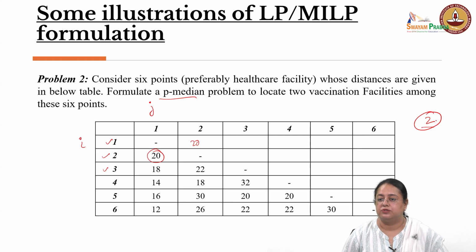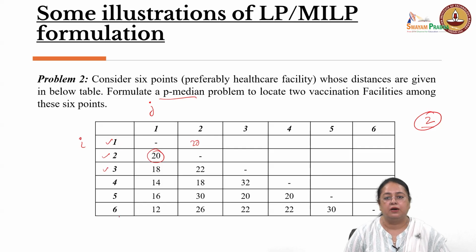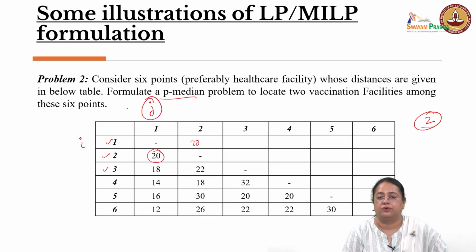That will tell us where to locate the facility so that other facilities can be connected to it, or can be accessible to it. So out of the six existing facilities, where should I locate two facilities in such a way that the distance between all the facilities to the jth facility is minimal?